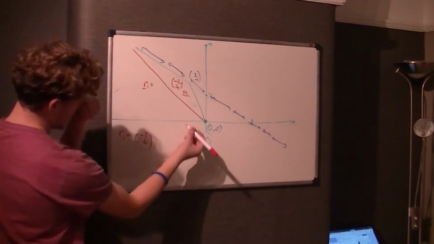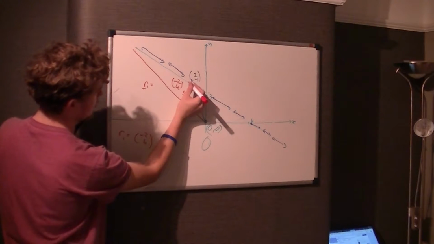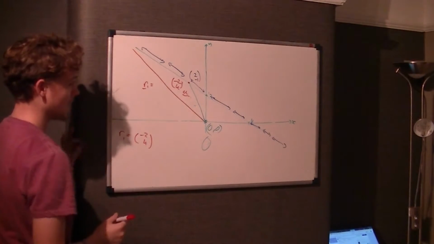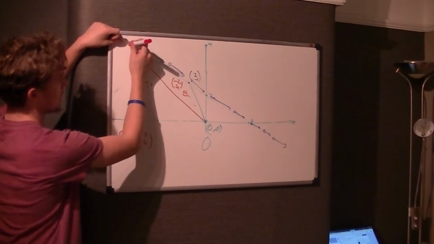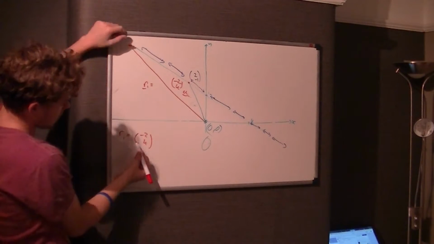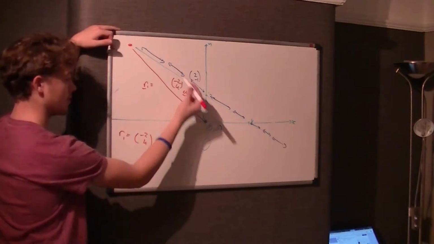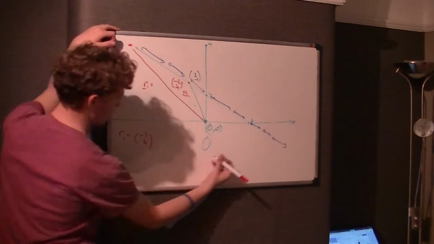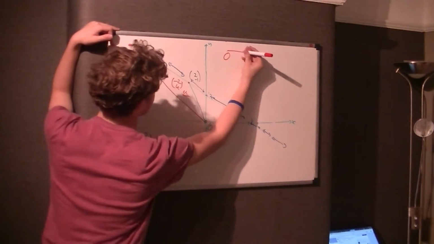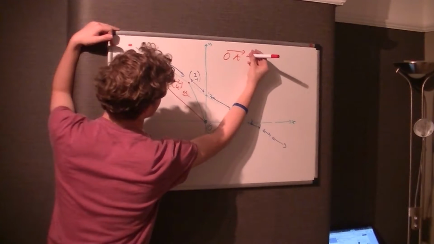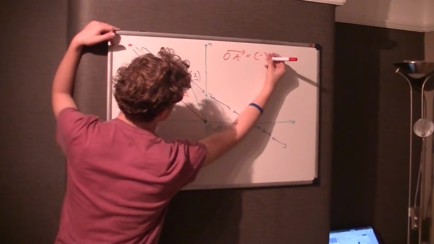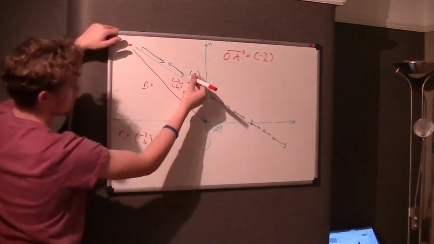However, because this is A, when we do minus 2, 4, we get to A. But say we want to get to this point over here. We've already followed the vector minus 2, 4. That's got us to A. So therefore we can say 0 to A is equal to minus 2, 4. Because that's all we've got to at that point here.